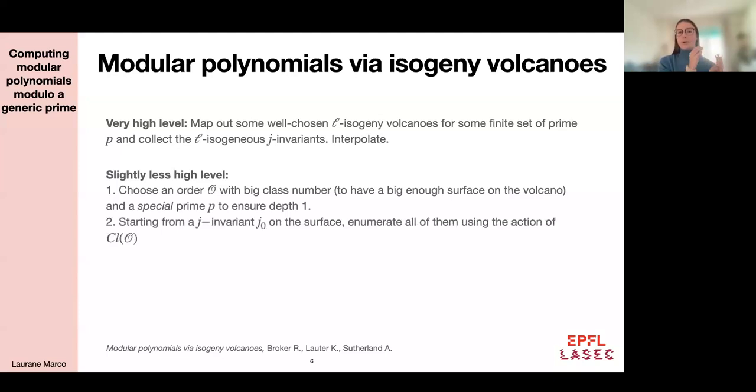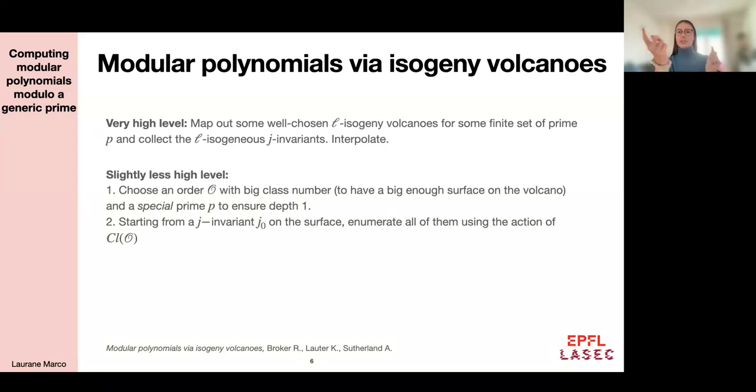Then you start from a j-invariant j0 that you compute using, you know, the Hilbert polynomial, but the details are not too important here. So you start from the j-invariant j0, and then you use the action of the class group of your order O to enumerate all the curves on the surface of your volcano, and you collect the j-invariants along the way.